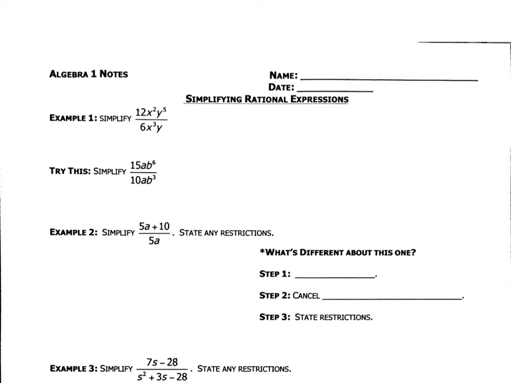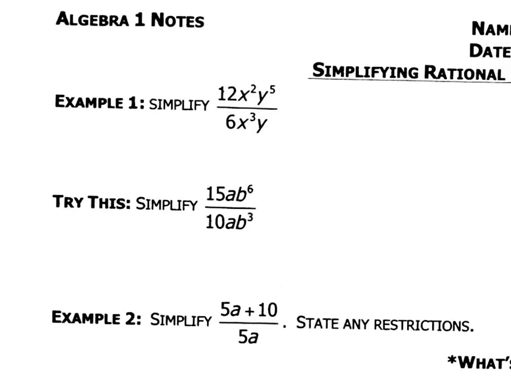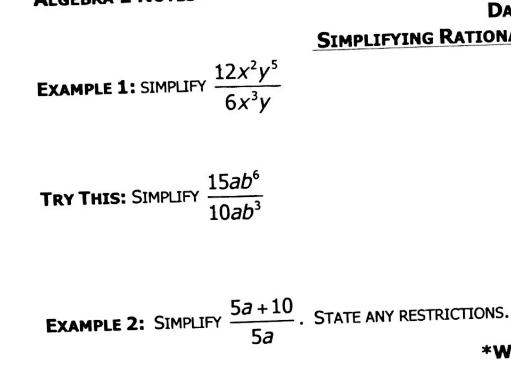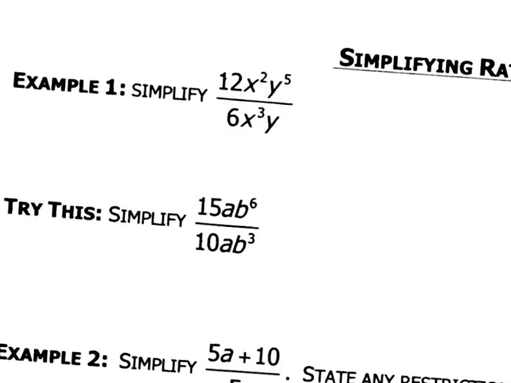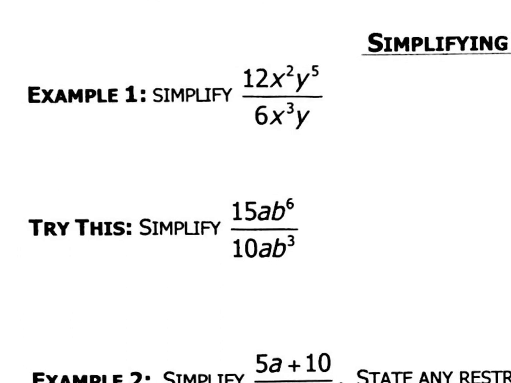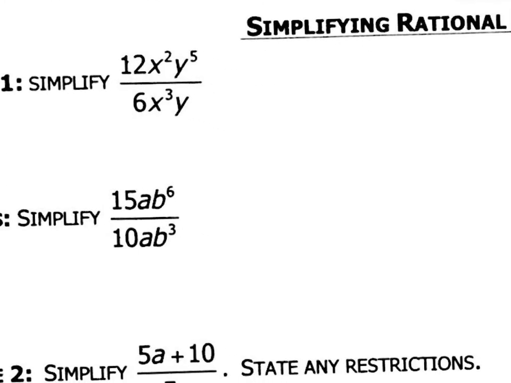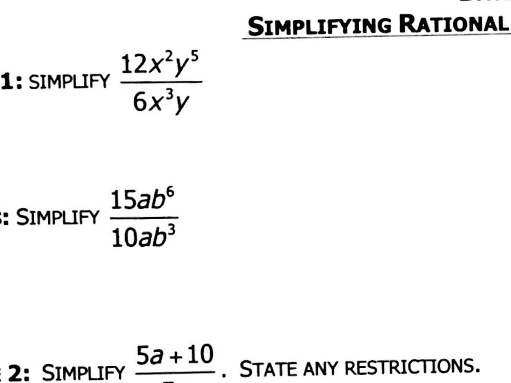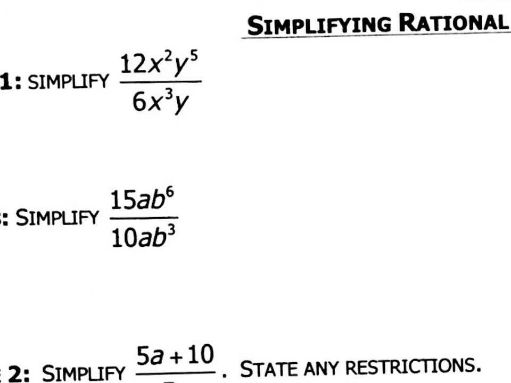So the first couple questions may seem something you've seen before. Like example number 1 says to simplify that problem. Let's straighten it out here. So we've done this when we worked with exponents. We've been able to simplify these things.